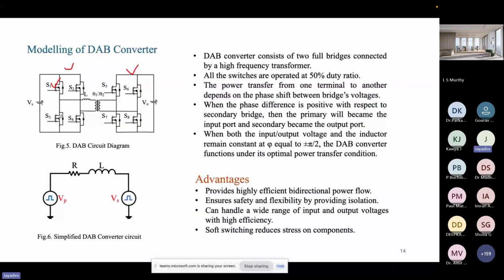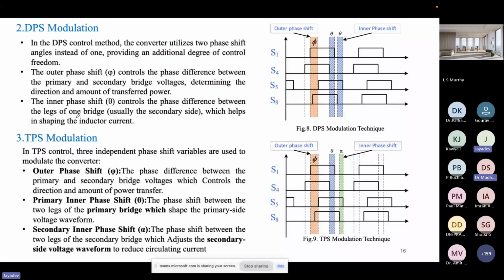Earlier, S1 and S4 were both switched on simultaneously, at a time. Now we give a phase shift between S1 and S4. See, figure 8 is the double phase shift modulation technique. One phase shift phi is between S1, the primary bridge, and S5, the secondary bridge.